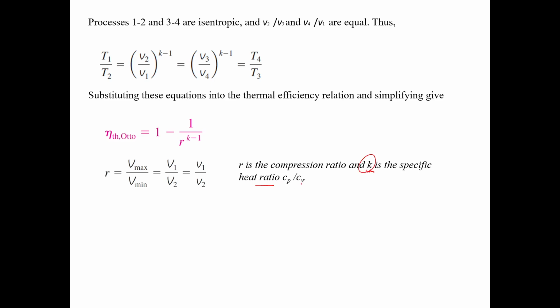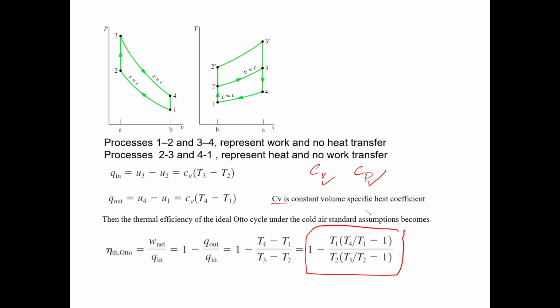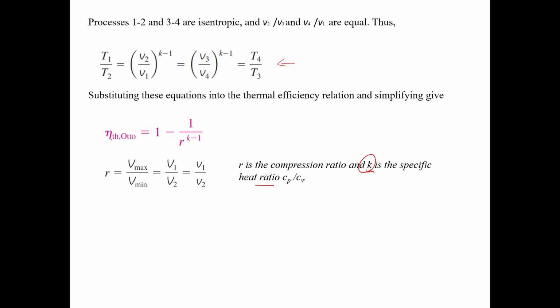Cp divided by Cv is k. With that equation we can substitute for T1 divided by T2 in this equation. Therefore we can write eta Otto equal to 1 minus 1 over r to the power k minus 1. r is the compression ratio, k is the ratio of specific heat coefficients.